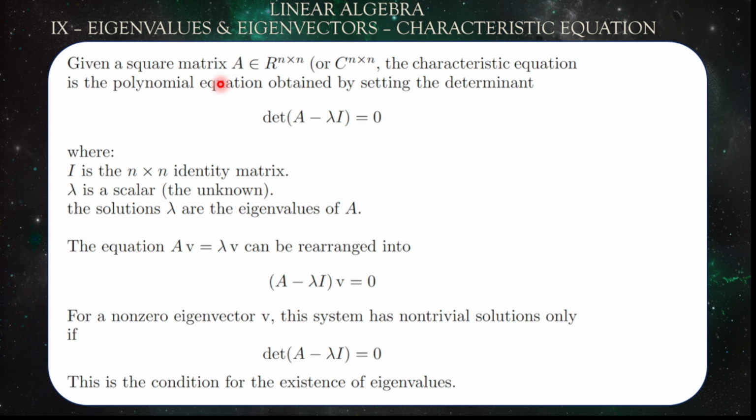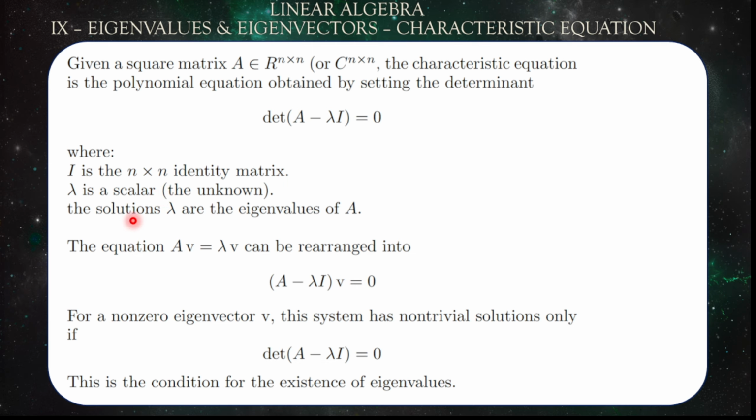Given a square matrix A that exists in R^n×n or C^n×n, the characteristic equation is the polynomial equation obtained by setting the determinant of A minus lambda I equal to 0, where I is the n by n identity matrix and lambda is a scalar, the unknown.